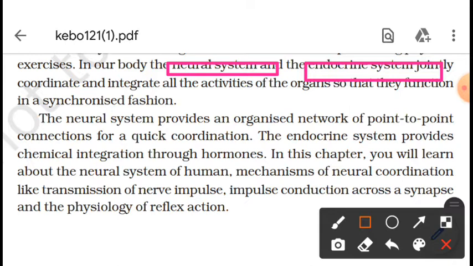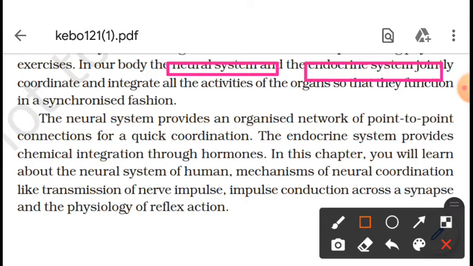If we combine both of these systems for various activities of the body, we can say that the neural system and the endocrine system coordinate with and integrate each other for various activities of the organs in the human body. In this way, both systems, through their coordination, work systematically in a normal way in our body.